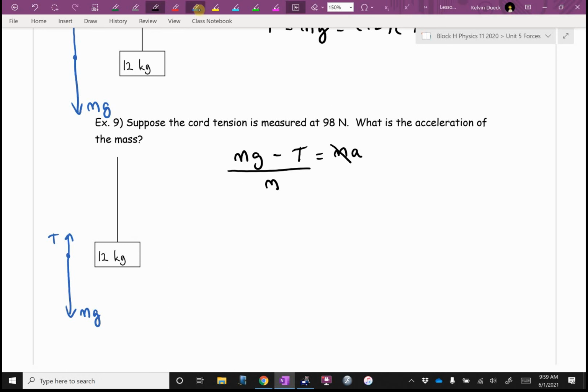So you ready? Let's plug and chug. A equals, Jaden, what's M? 12. What's G? You know this. Nope, that's the force of gravity. Yes. Minus, what's tension?